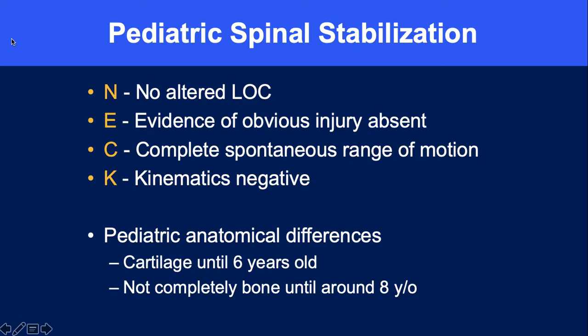Very minor mechanisms. Remember too that for kids up to about 6 or 8 years old, the majority of their spinal column is still cartilage. Very, very flexible. Basically, kids bounce, in most cases.